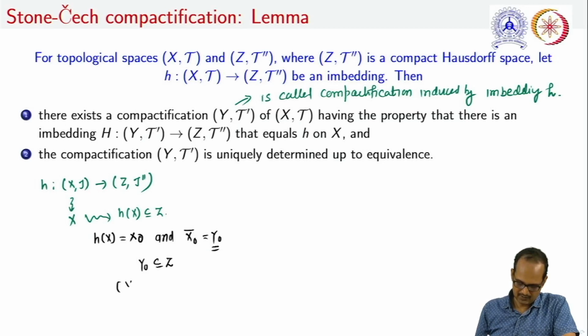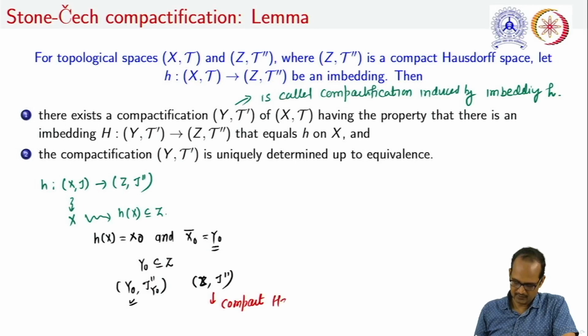Even we can talk about the relative topology on this Y naught, and we can say that this is a subspace of this topological space. It is to be noted that this is a compact Hausdorff space.